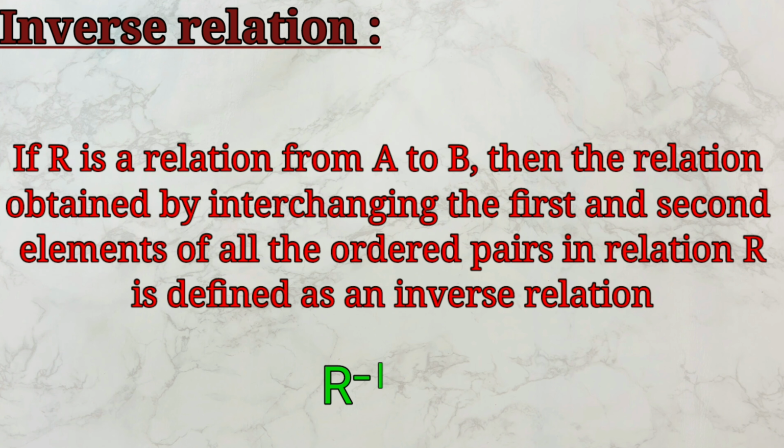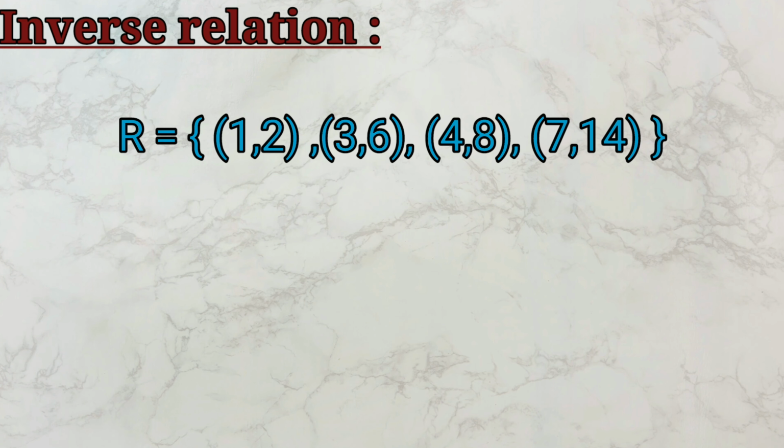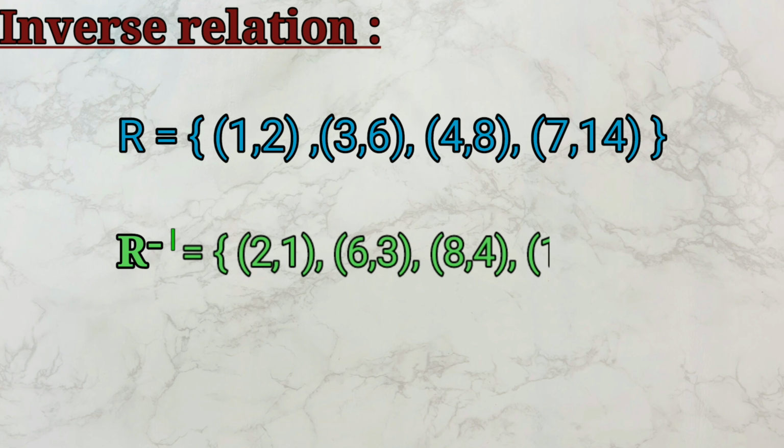Now let us see one example. R is equal to set of ordered pairs (1, 2), (3, 6), (4, 8), (7, 14). Now let us write its inverse, that is R inverse. It is nothing but set of the ordered pairs (2, 1), (6, 3), (8, 4) and (14, 7).